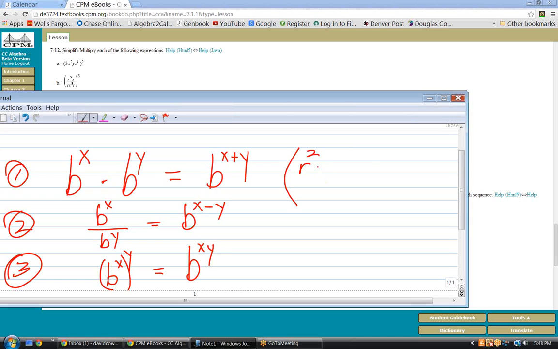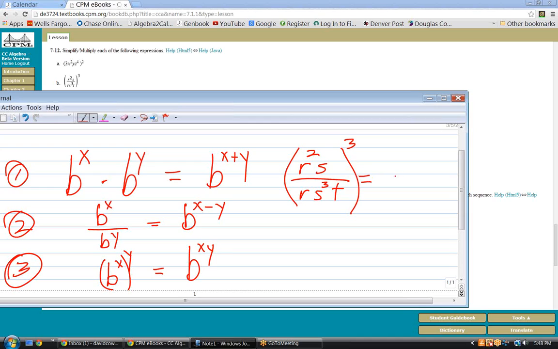Again, we're going to treat every term in the numerator and every term in the denominator separately. There's actually a few ways we could do this problem. There's not just one way. Let's do it starting by applying the cube to every term in both the numerator and the denominator.